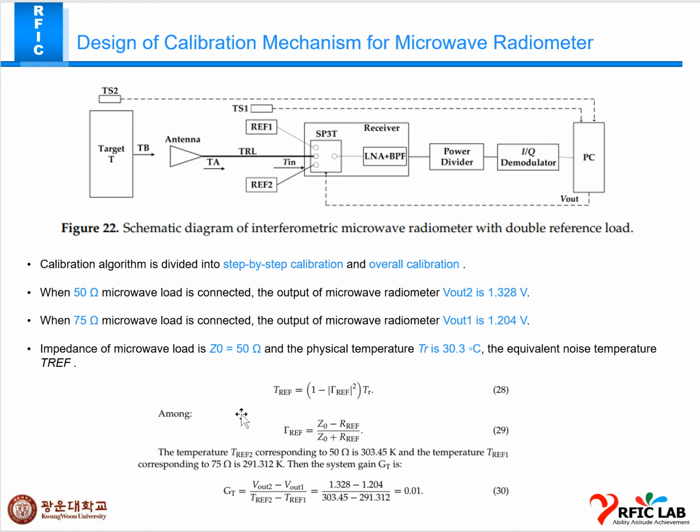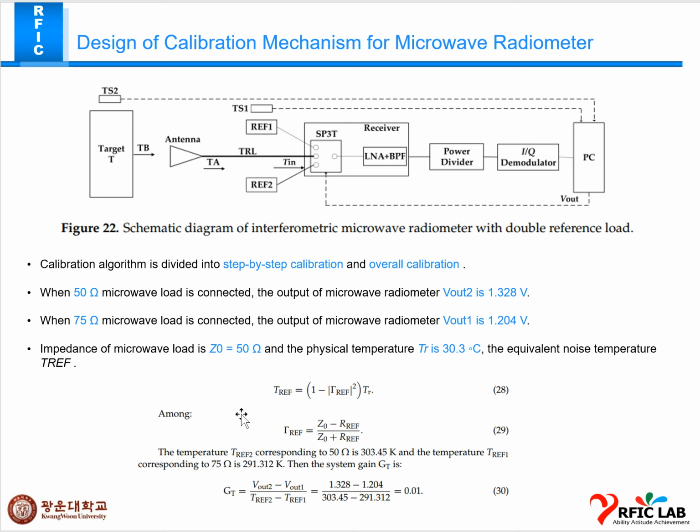Next, this slide is, as I said, the second subtopic of software design. In this, the design of calibration: how the calibration has been done, what mechanism has been used for the microwave radiometer.